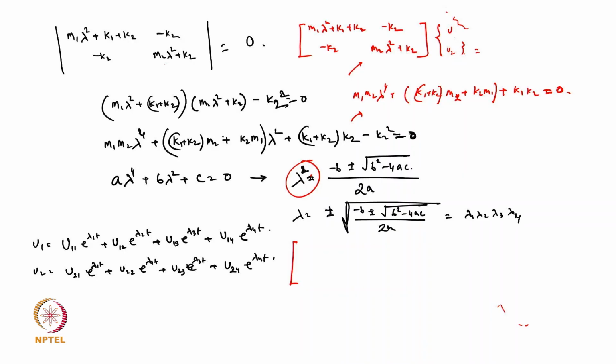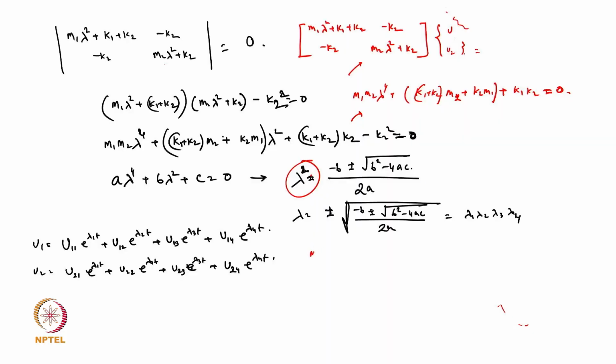Again, the linear algebra. Let's see how we can do that. Think of it simply, we do not need to think of big things. We have the first equation, that is m1 lambda square plus k1 plus k2 into u1 minus k2 into u2, equal to 0.